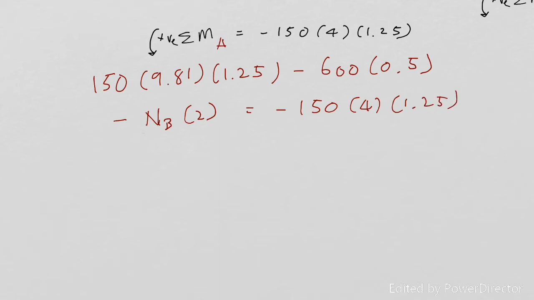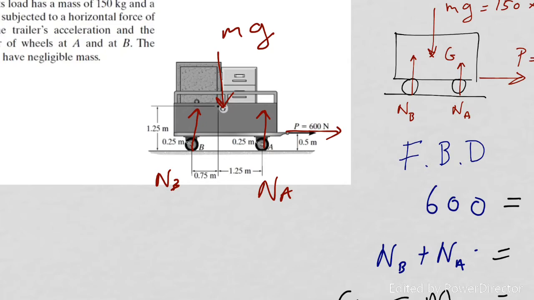So how does all this come one by one? Let's start with that 150 times 9.81. You know that 150 times 9.81 is mg, times the distance. That will be our first moment, or we call it M1. How do we get that? Look at the free body diagram. NA we eliminate because we put that as the pin point or fixed point.